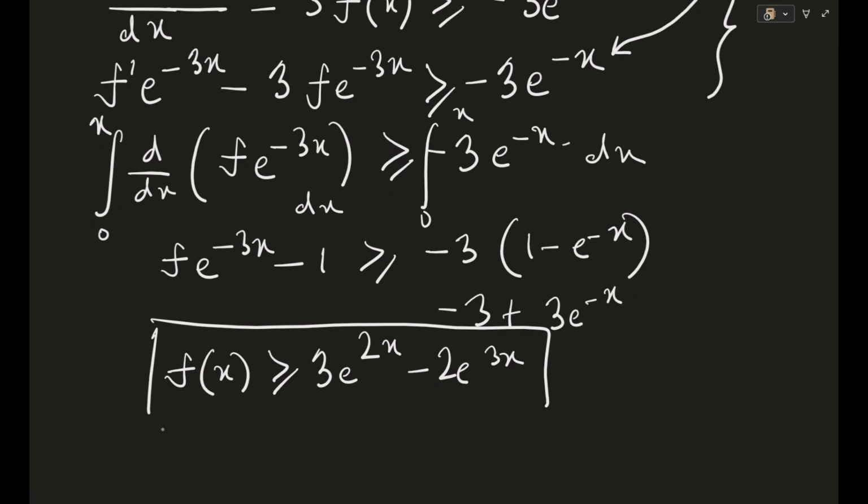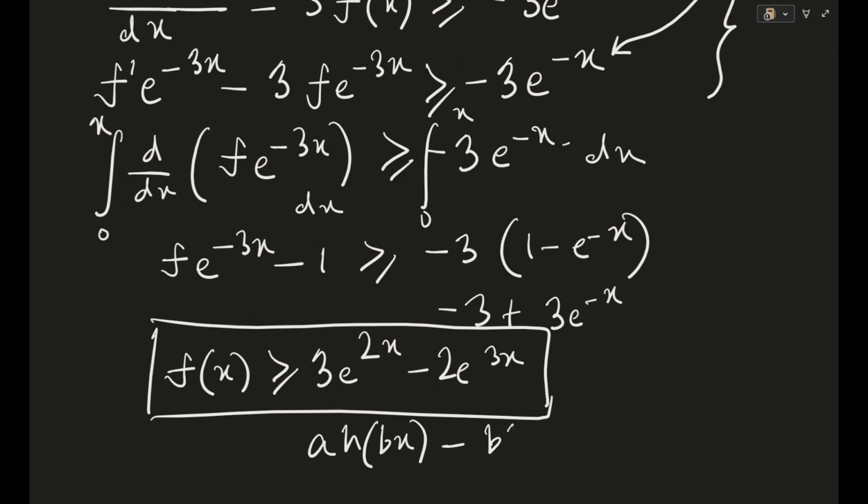So this is the final inequality that we were talking about. Matching, this was given as AH of BX minus BH of AX. Very fairly, H of X is e power x, A is 3 and B is 2, right?